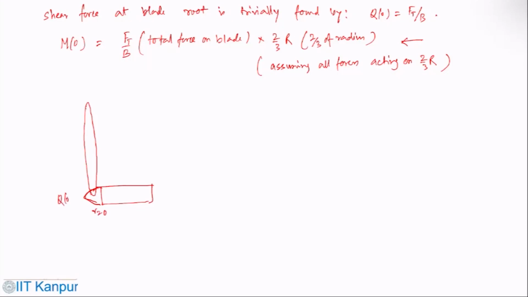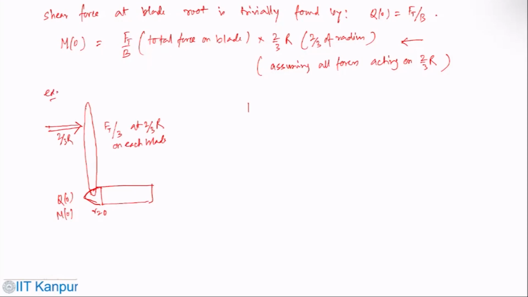So here you have Q0, here you have moment M0, and everything acting at, let's say, 2/3 R, then F_T by 3 at 2/3 R on each blade. Okay.